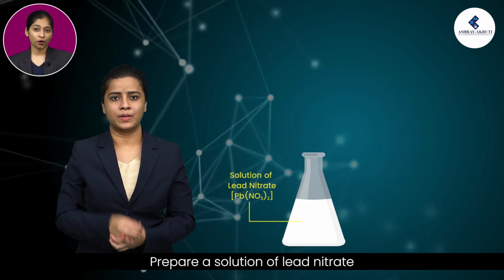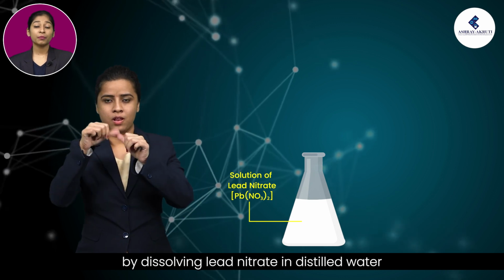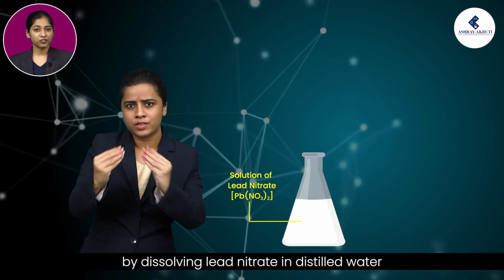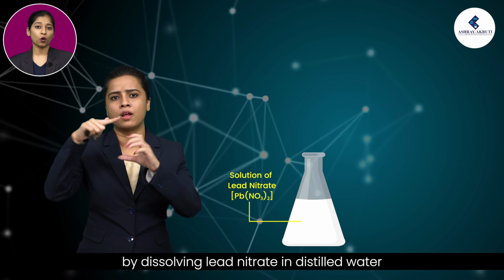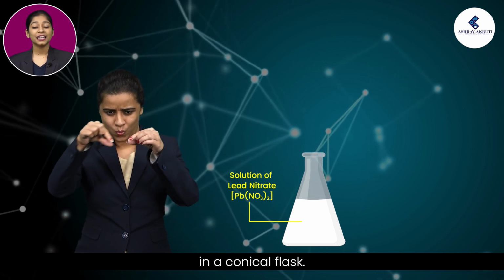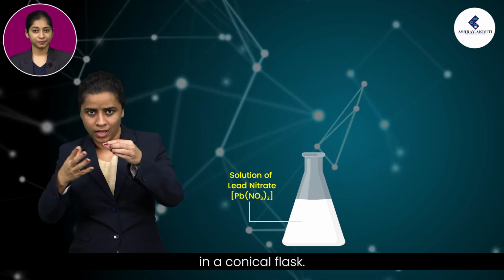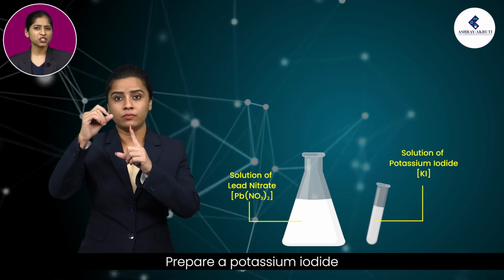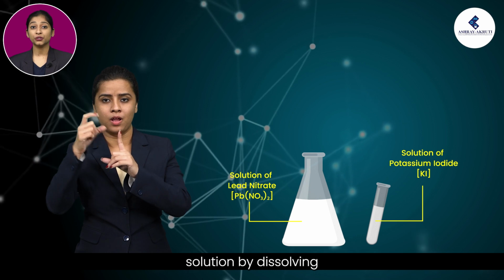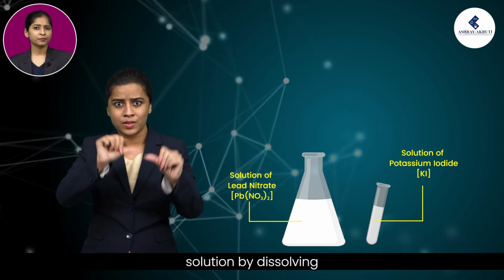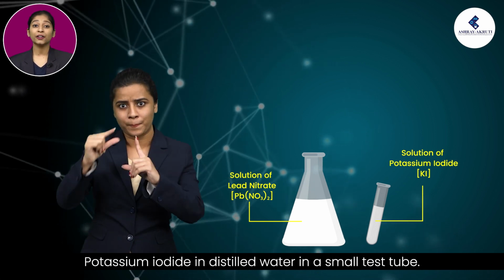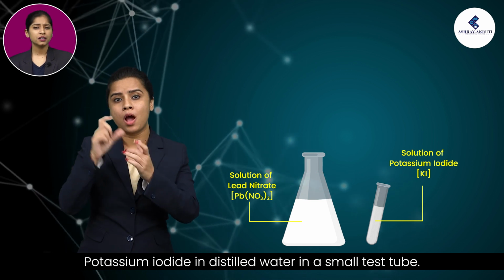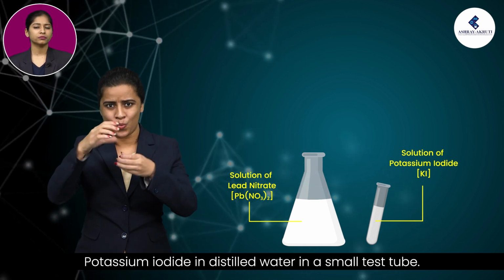Prepare a solution of lead nitrate by dissolving lead nitrate in distilled water in a conical flask. Prepare a potassium iodide solution by dissolving potassium iodide in distilled water in a small test tube.